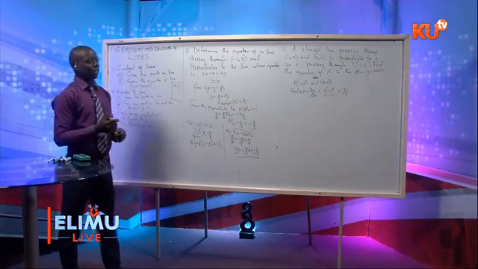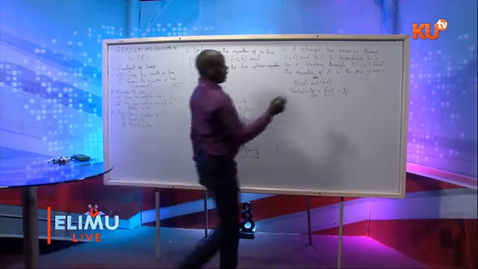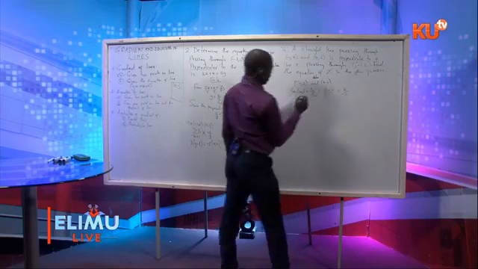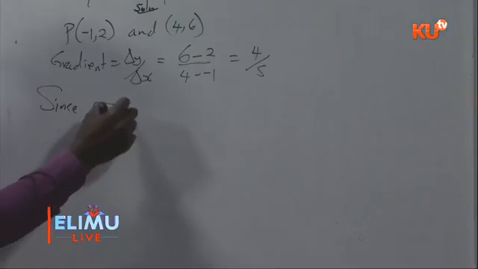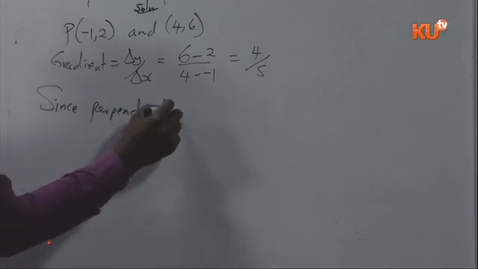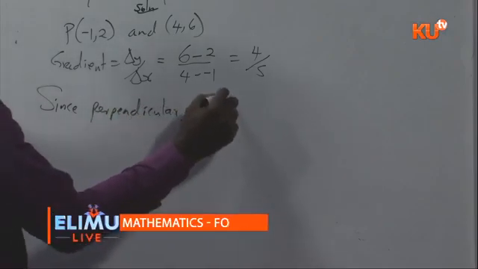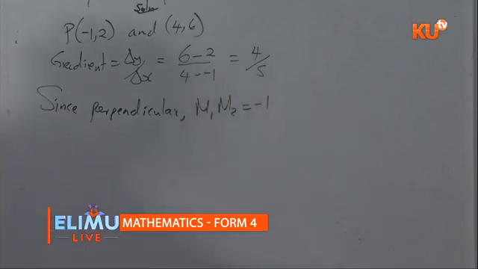Now, because they are perpendicular, then m1 times m2 is equal to -1.